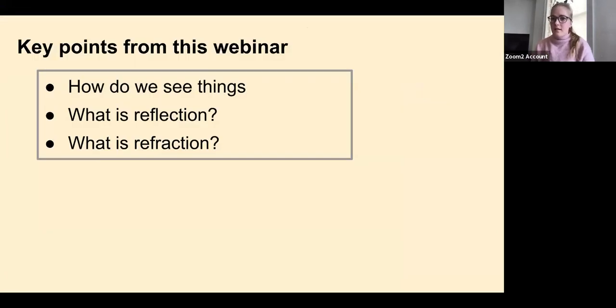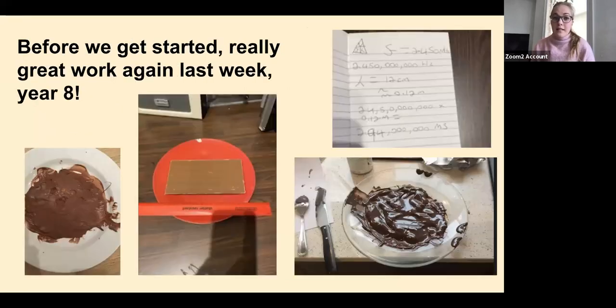Before we get started on this week's topic, I just wanted to take another moment to say, great work again last week. A lot of you guys tried the practical that Miss McGinley explained to you. The point of this practical was that when you were using your microwave and the bar of chocolate to find the speed of microwaves in your microwave oven, if you had the most precise equipment in the world, you would have been able to find that the speed of the microwaves in your microwave oven is actually equal to the speed of light.